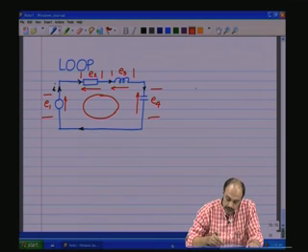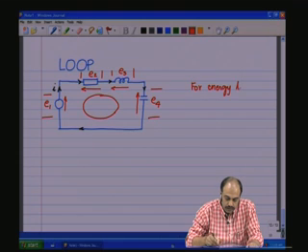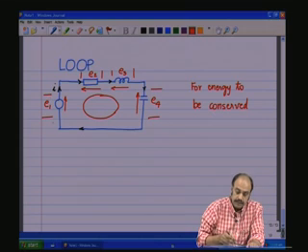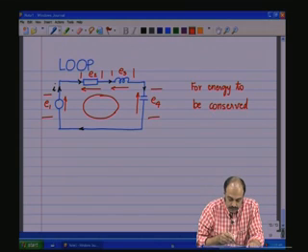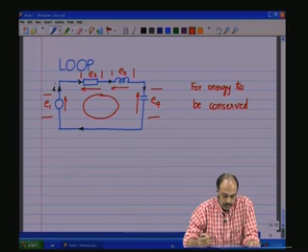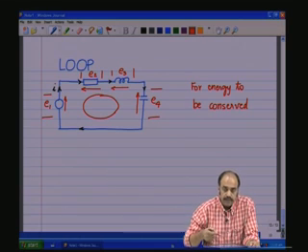So, for energy to be conserved, all power that is generated by this will have to be given to the components that are within the loop.